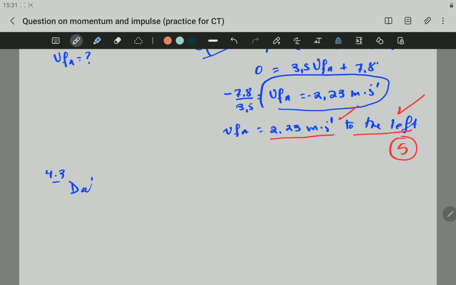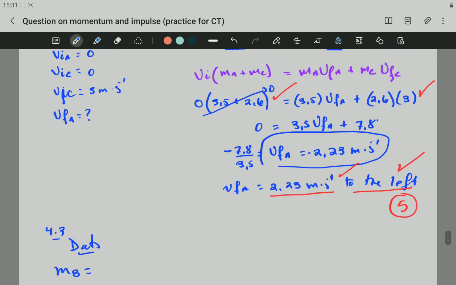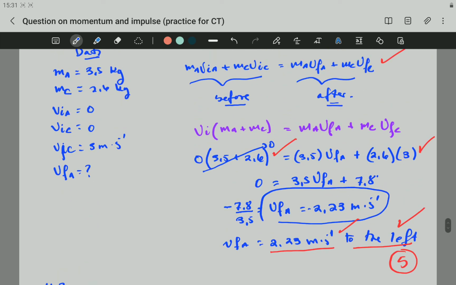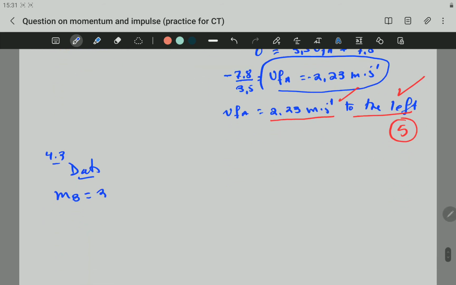We know that the mass of skateboard B is equal to the mass of skateboard A, which is equal to 3,5 kilograms. Now, the initial velocity of skateboard B is equal to 0.